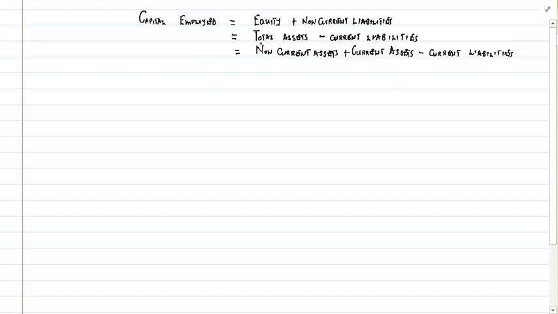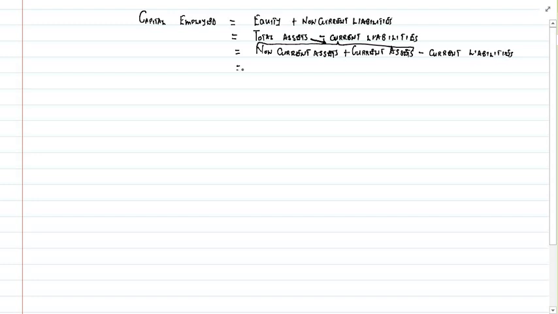Meaning this total assets is replaced by non-current assets plus current assets, which will obviously give me total assets, right?